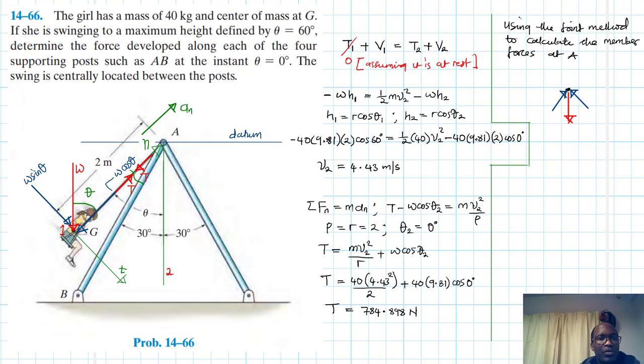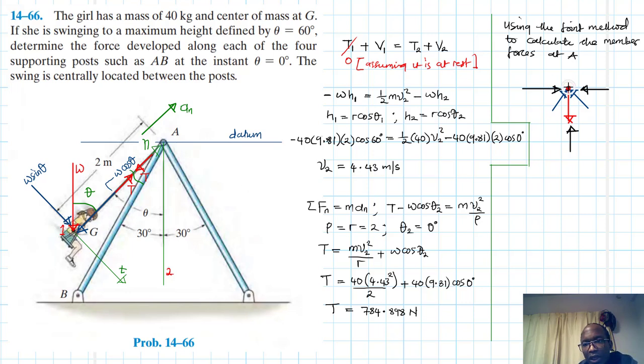Alright, so we'll have components. We're going to have a component in this direction like so, and then we'll have 2 components in this direction like so. So this one here is point A. Let me make it red.